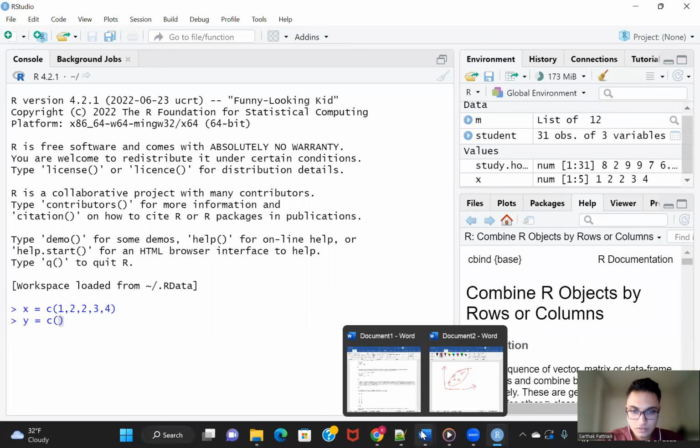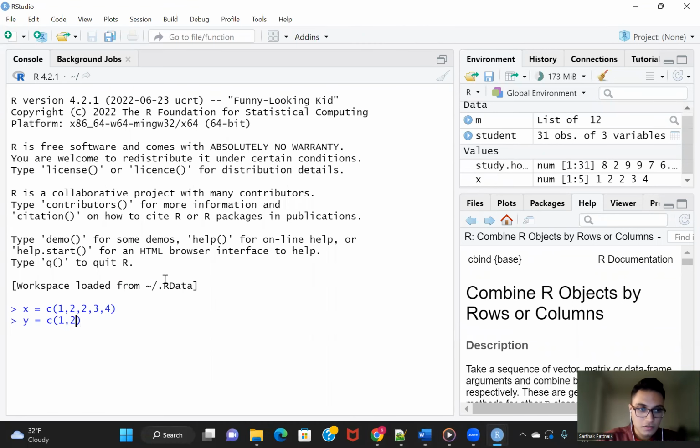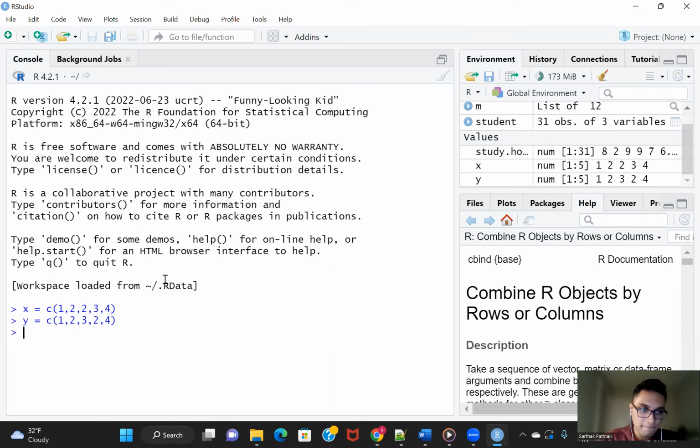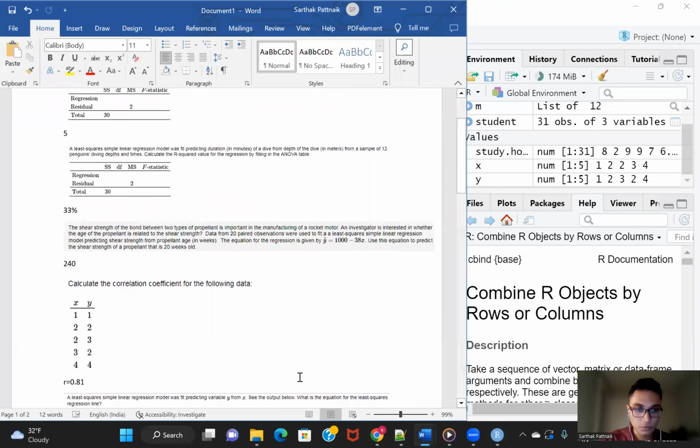Y takes the values 1, 2, 3, 2, 4. This is coming out to be 0.8076923. So we can round it off to two decimal places, and the final answer that we'll get is 0.81, okay, which is my answer.